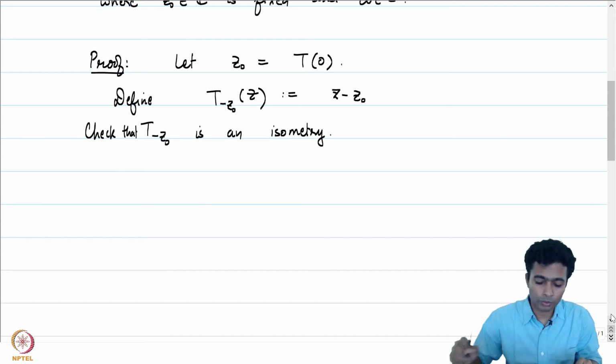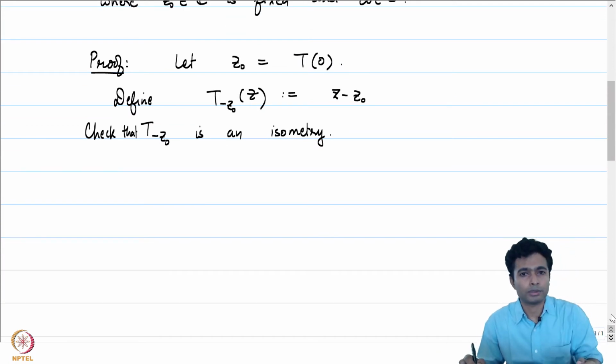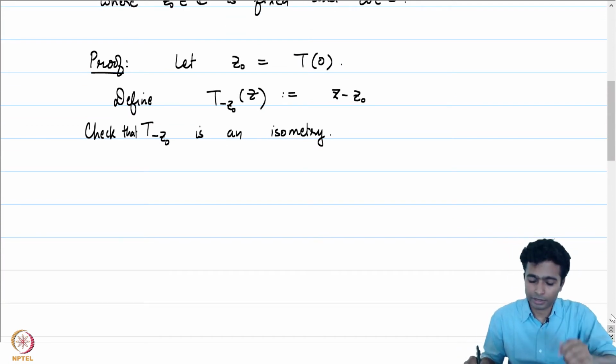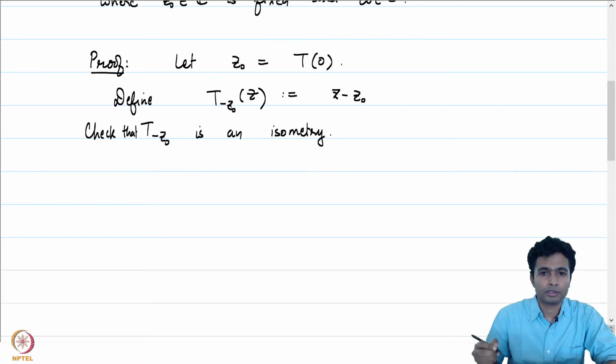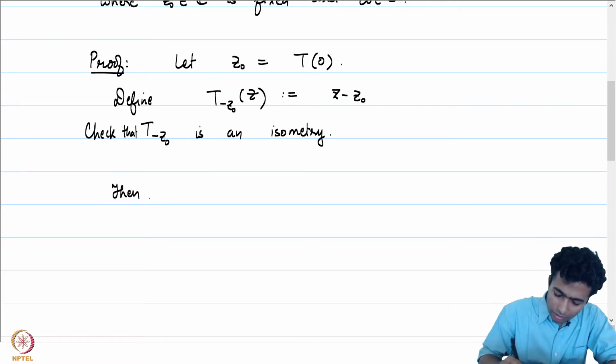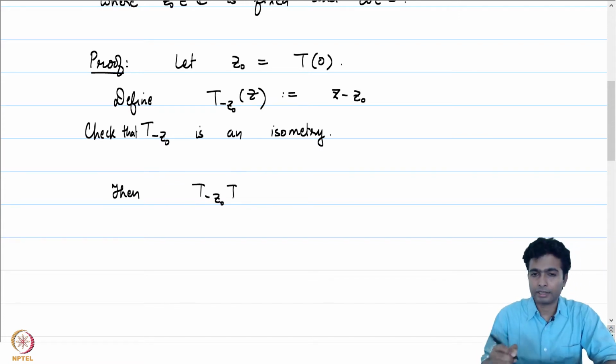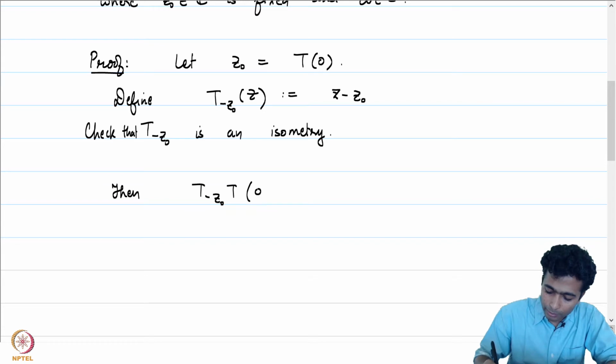And we already know that if you compose isometries, then we get back an isometry. Then let's do one thing. Let's compose the isometry T minus z0 with our isometry T, and check what T minus z0 composed with T at the point 0 is going to look like.